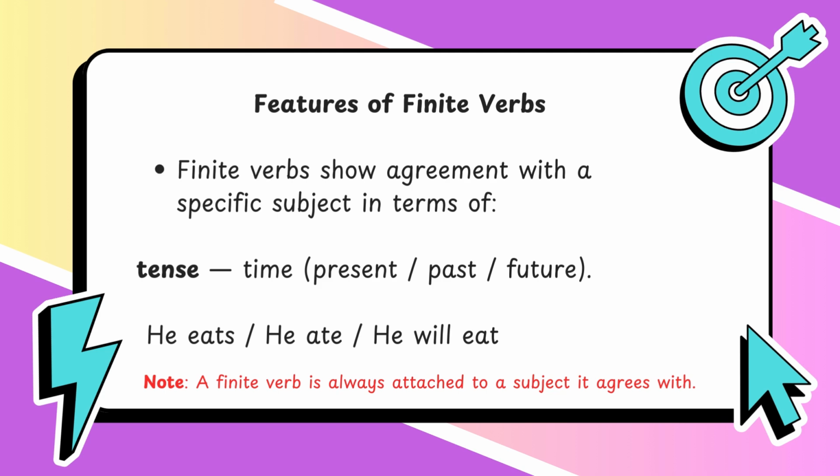But we'll start with tense. Tense means time, and time means if it's present or past or future. We can see that in the example below. He eats, present. He ate, past. He will eat, future.